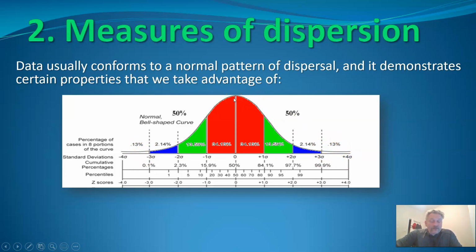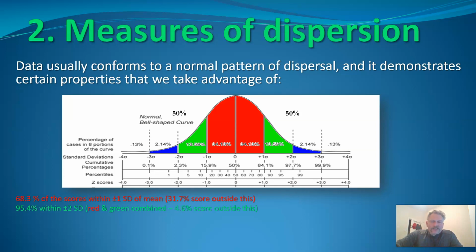In fact, as we've just learnt, this red thing here reflects one standard deviation above and below the mean. And so typically, if our data is normally distributed, we might get around about 68% of our participants being within that one standard deviation of the mean average.